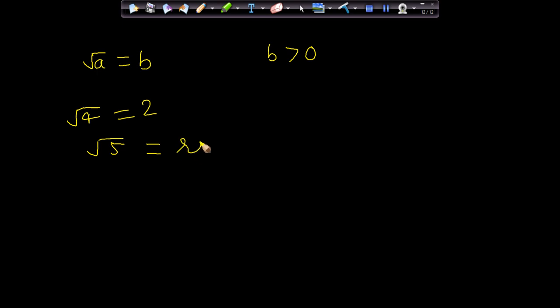So in any case, this b will be a real number if a is a positive number. If a is greater than 0, then we know that b will be a positive number. So how to find this root a, or for example root x, anything?